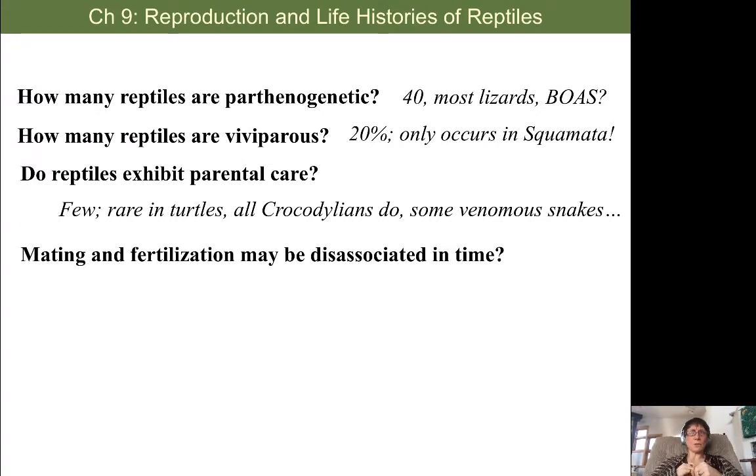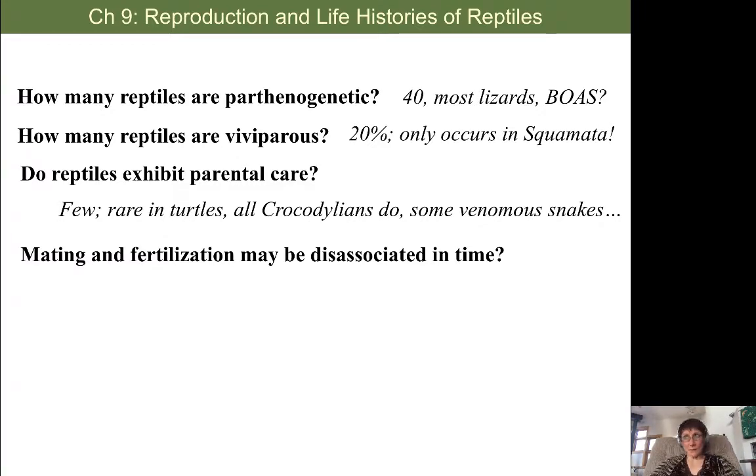One of the questions I had on your worksheet had to do with mating and fertilization being disassociated in time. By that I mean many lizards famously can store sperm for really long periods of time. They can mate with an individual male. The sperm can be stored, in some reports, up to years, but most of the most credible studies say up to about 7 months.